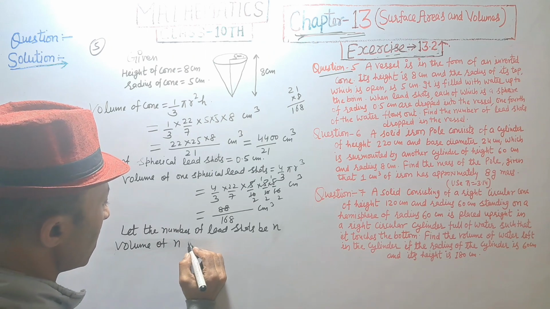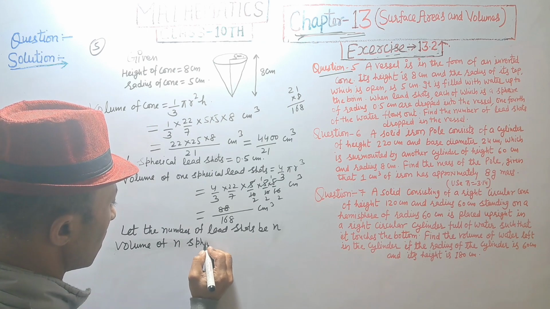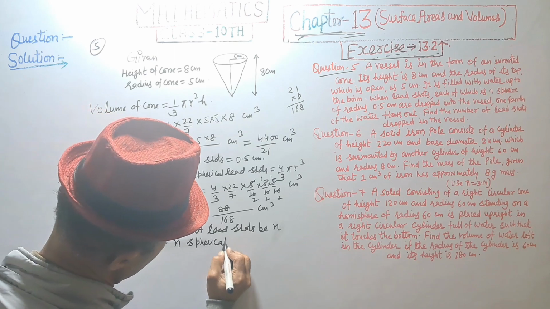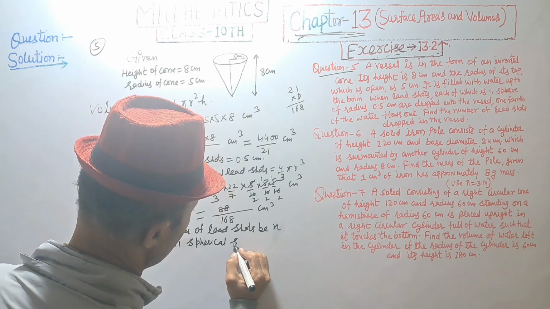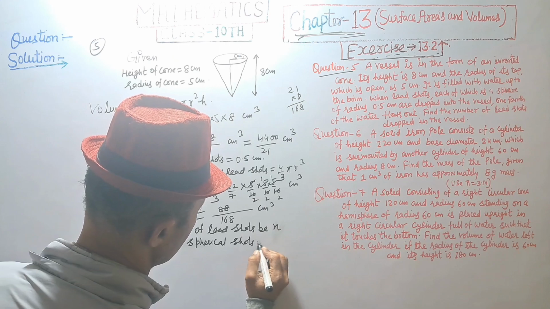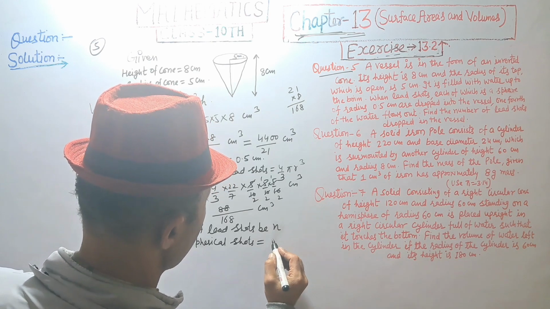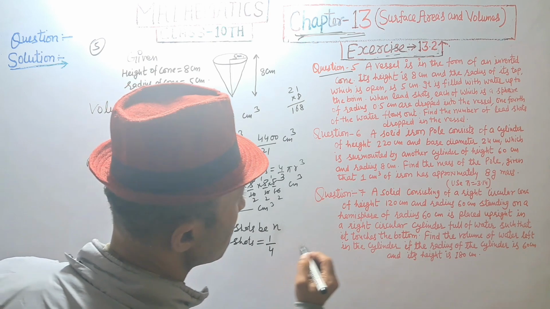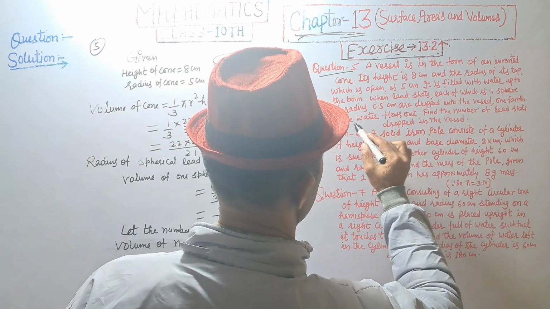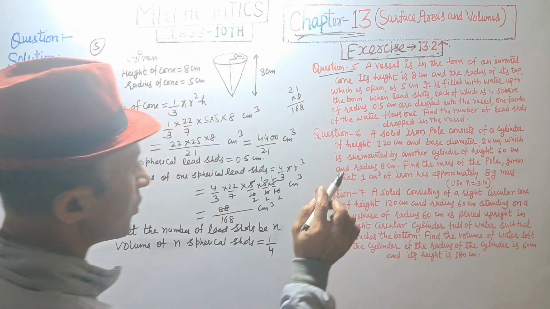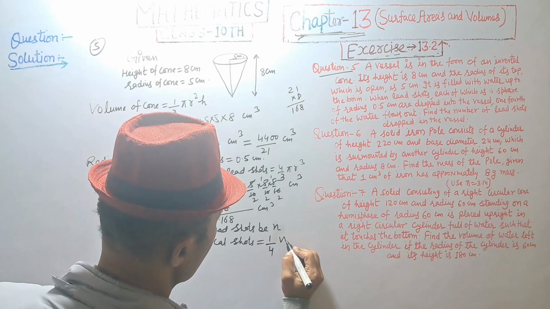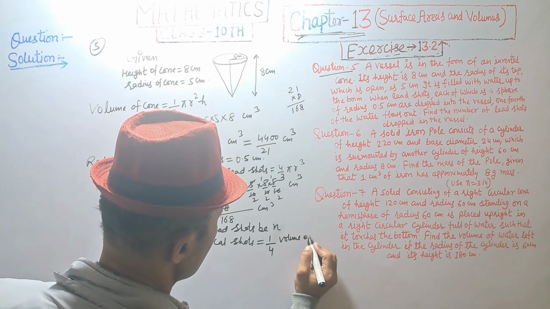Volume of n spherical shots is equal to 1/4. Since 1/4 of the water flows out, it is 1/4 of the volume of cone.